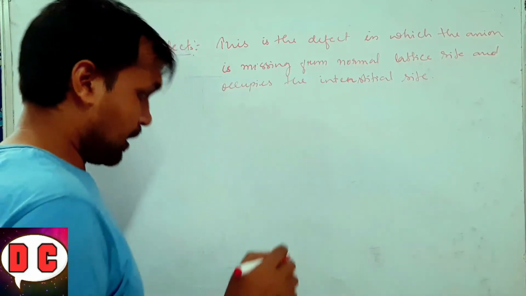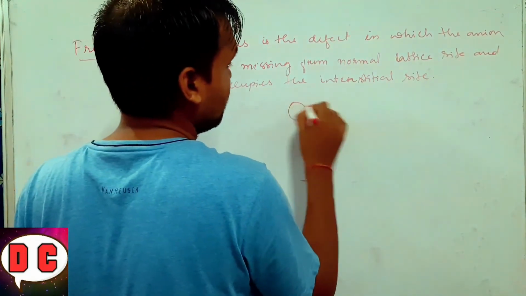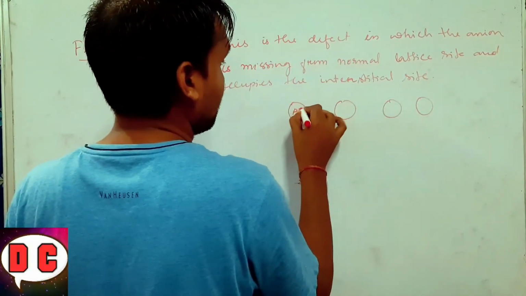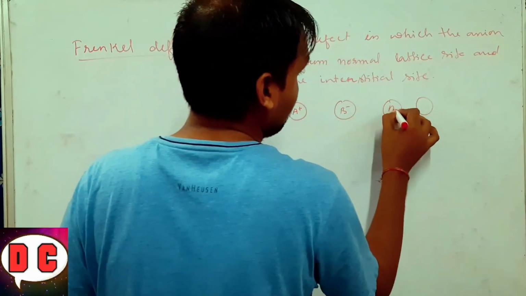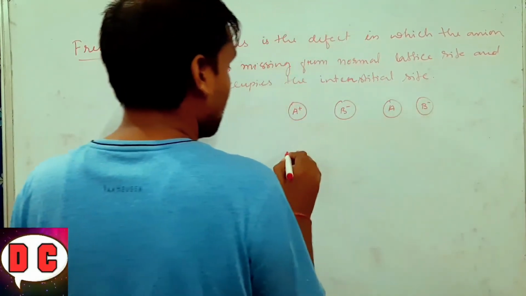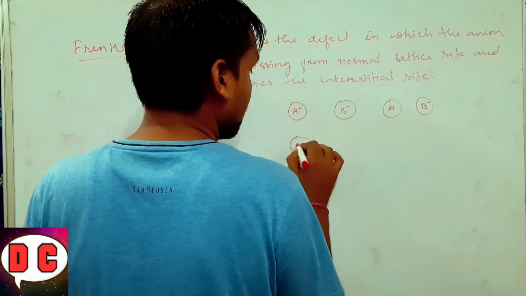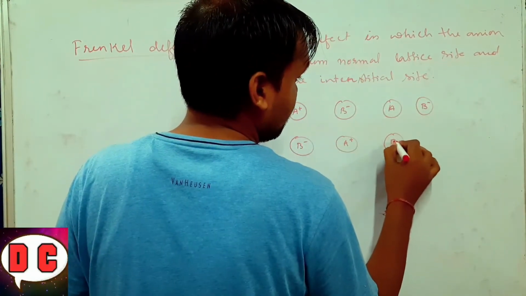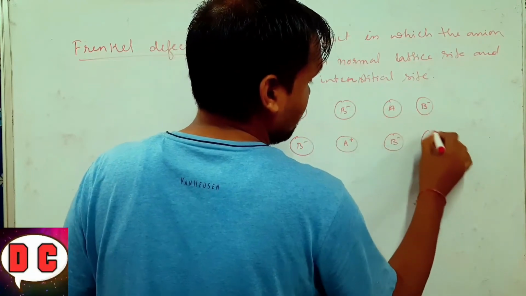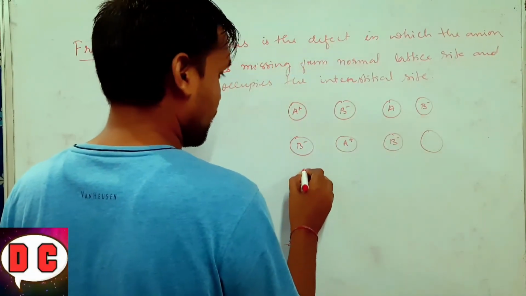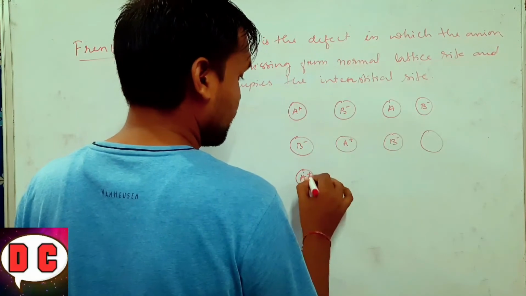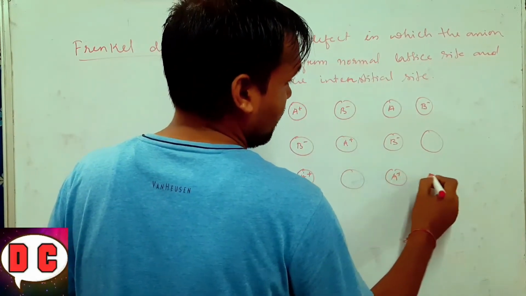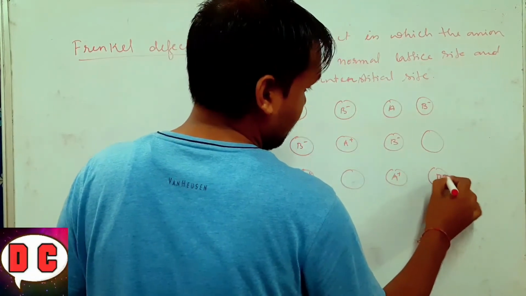So for Frenkel defect, for example, let us write 1, 2, 3, 4. A positive, B negative, A positive, B negative. Then again B negative, A positive, B negative, A positive. So here A positive, here B will be vacant, here A positive, and here B negative.